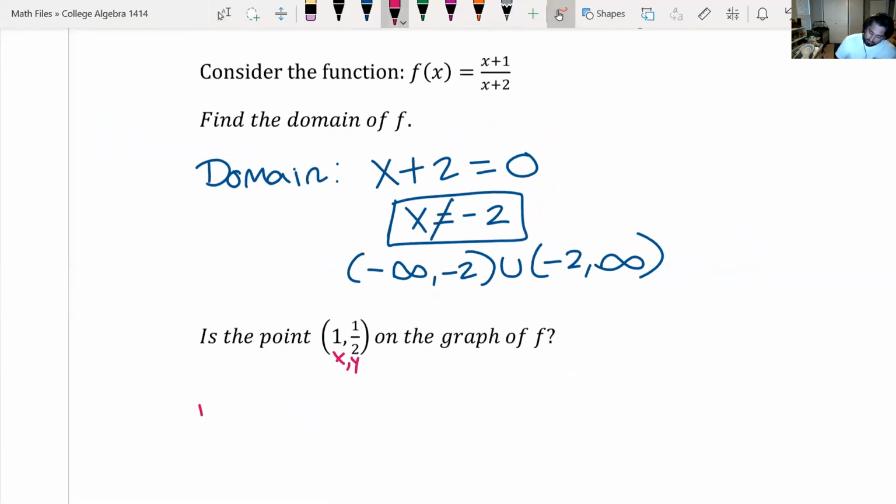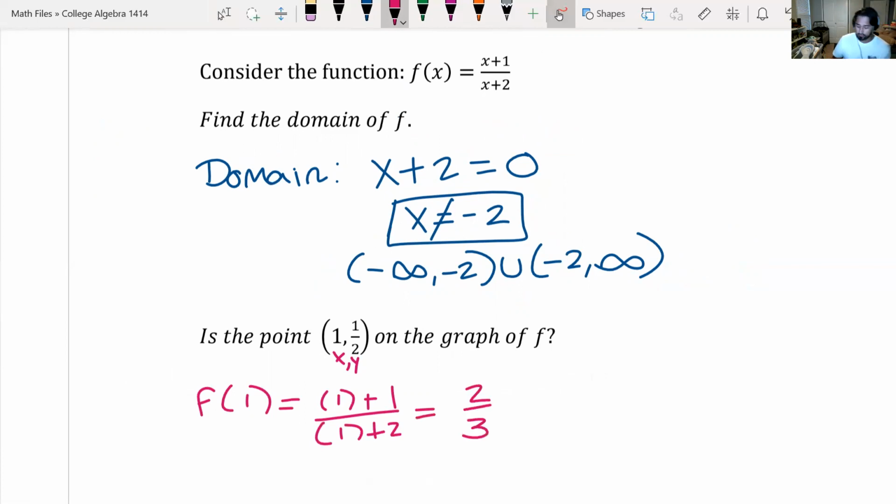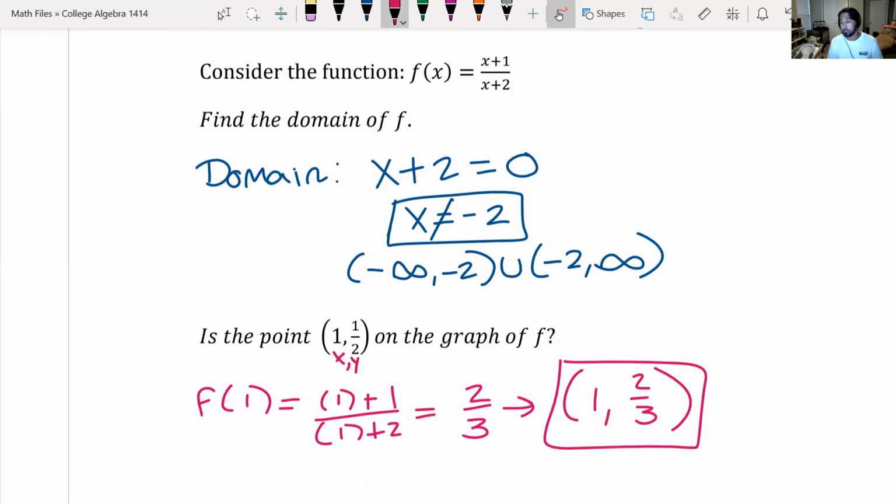So we'll say f of 1 equal to 1 plus 1 over 1 plus 2. This gives me 2/3. Which means, no, the point 1 and 1/2 is not on the graph, but the point 1 and 2/3 is on the graph. So that's what we want to know.